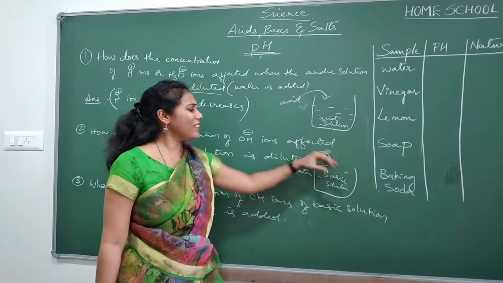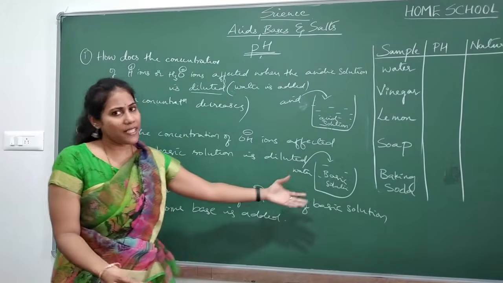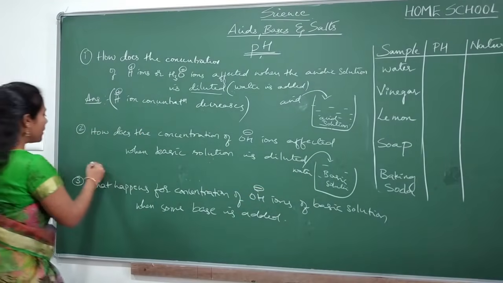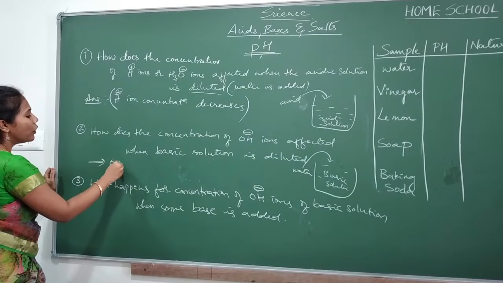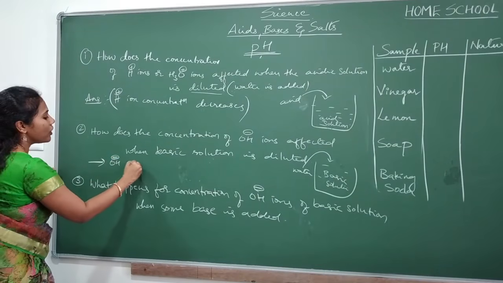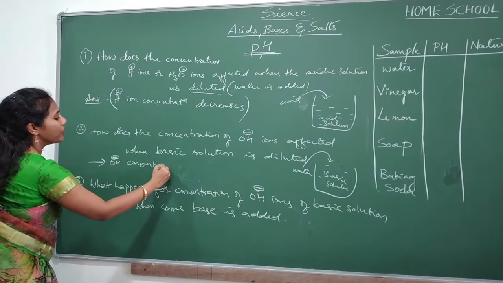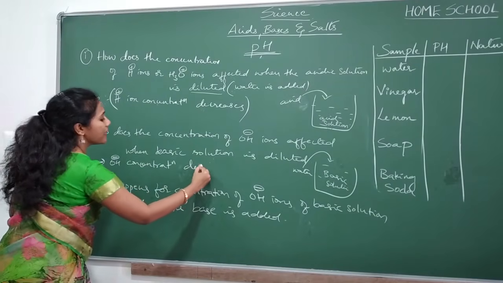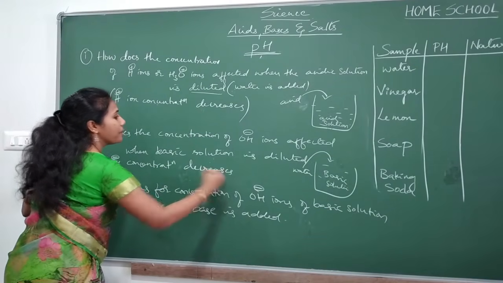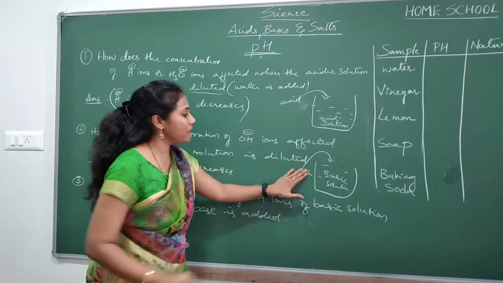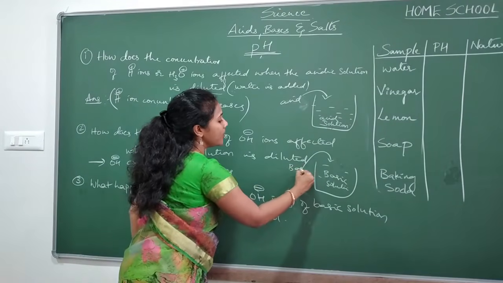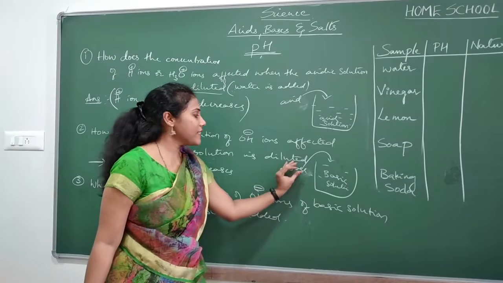I told you, whenever water is added, since it is a base, it will contain OH minus ions. So when it is diluted, OH minus ion concentration decreases.